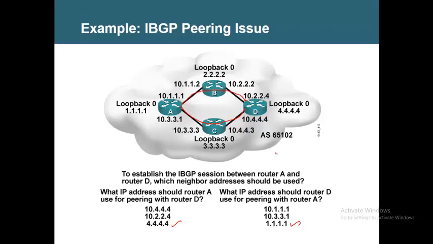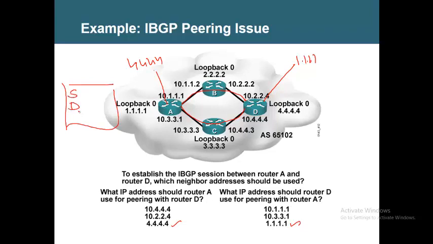Fine. What is next? But there will be a problem. What will be the problem? In A, what is the address that we configured as a neighbor? 4.4.4.4. Yes? On D, what is the address you are going to configure as neighbor? 1.1.1.1. Now tell me, if A is sending the packet, what will be the source address and destination address?